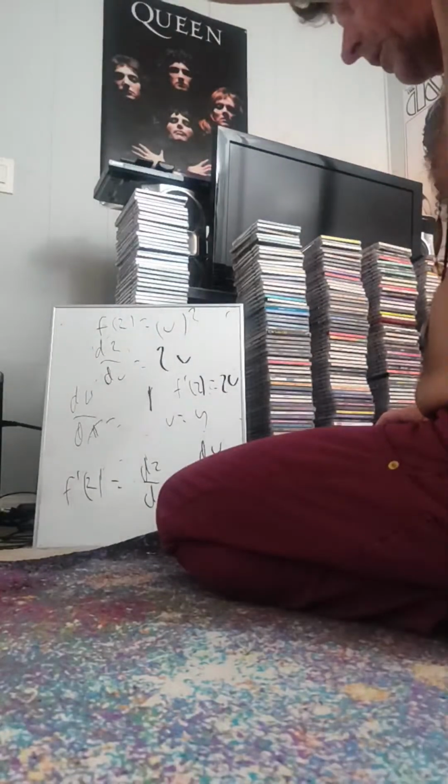U equals y. So, okay, hope I'm doing this right. So f prime of z equals 2y.